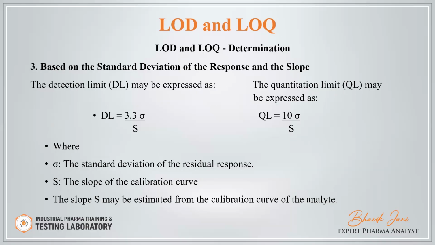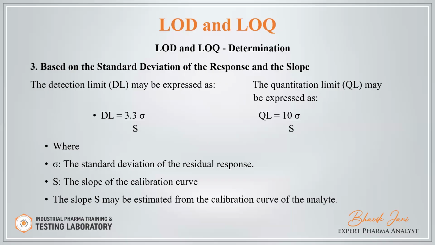And third is based on the standard deviation of the response and the slope. The detection limit may be expressed as 3.3 sigma divided by the slope, and the quantitation limit is 10 sigma divided by the slope.